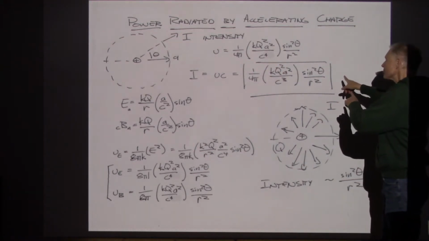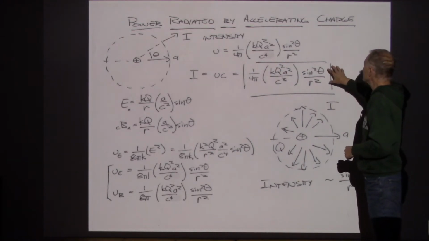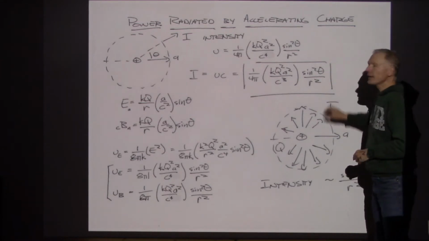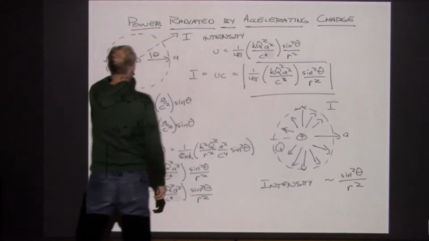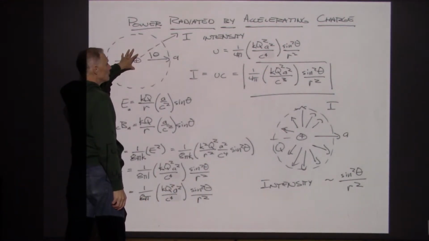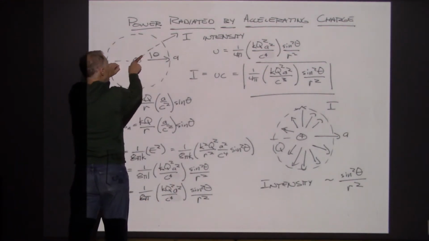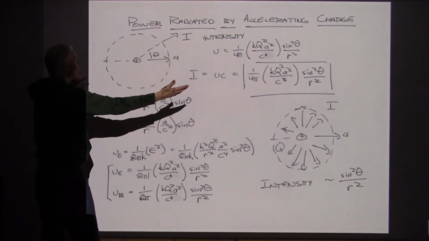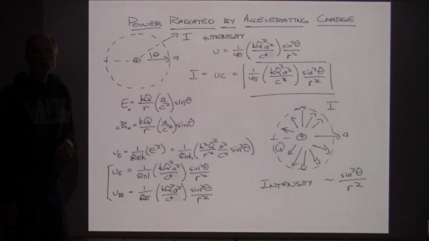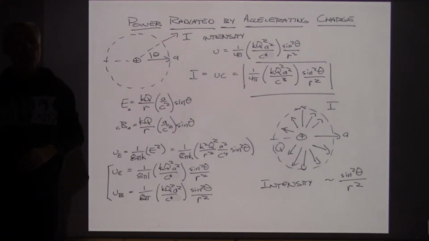Now this is, I'm going to say, the interesting part. Sine squared divided by r squared. So the intensity of the light coming away from here is dropping off like 1 over r squared. Well, the surface area is increasing like r squared. So that's telling us that the energy is being conserved.